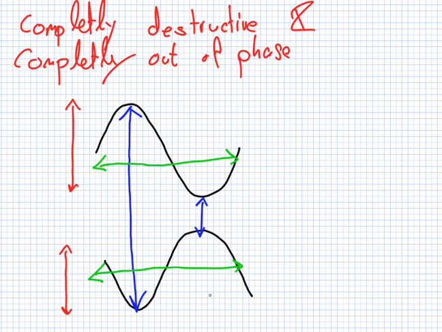If I add these two waves together, what do I get? Can anyone see? Very good. Nothing. No wave. Flat line. So the important lesson here is you can use waves to cancel other waves.